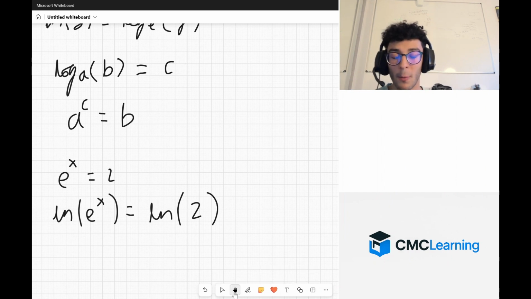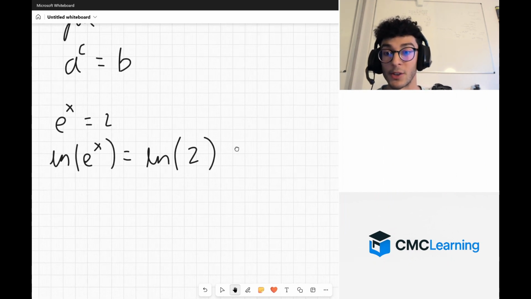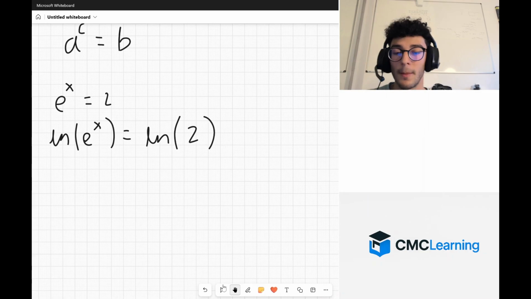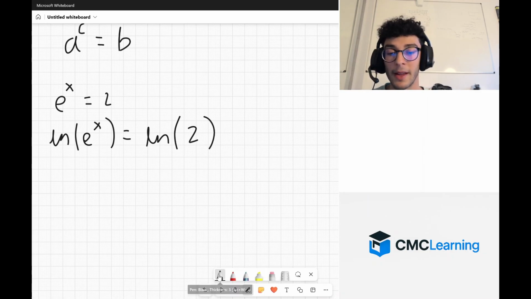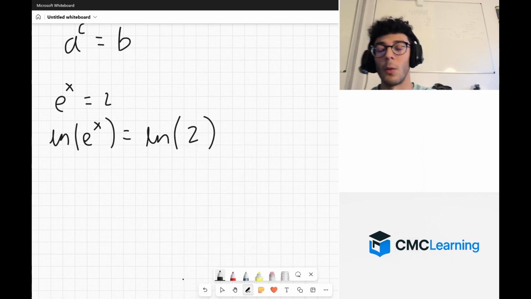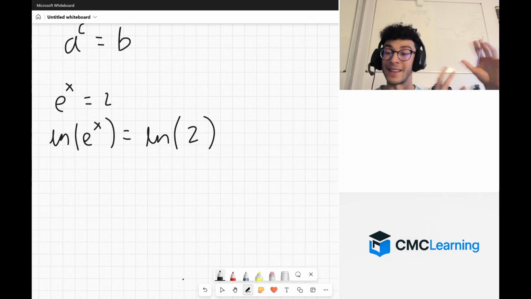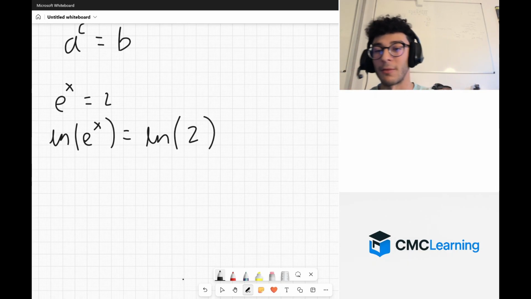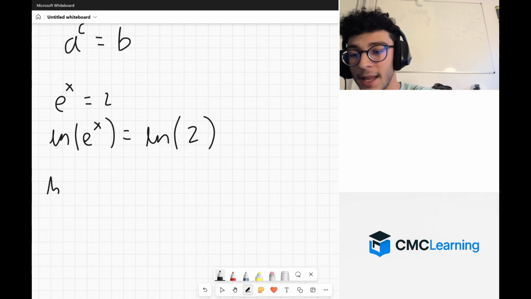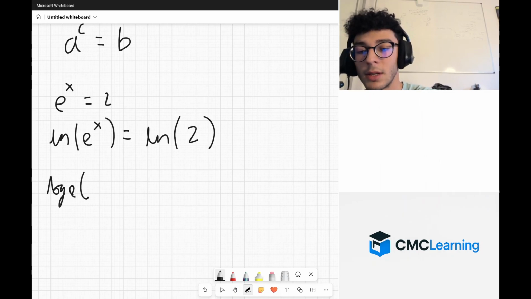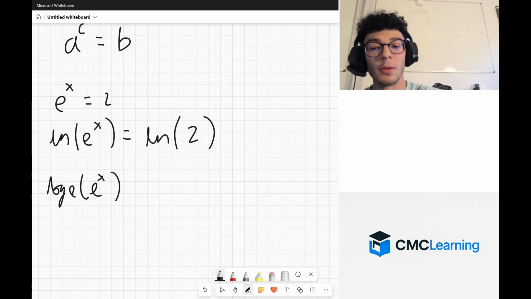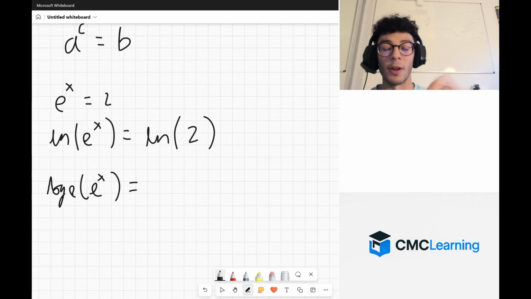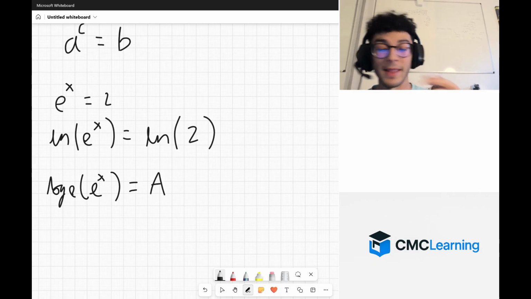And one of those tricks that we were mentioning before: if we want to figure out what the natural logarithm of e to the x is, if we think more analytically and less just by rules, here we're saying log base e of e to the x is equal to essentially our answer. We can call this capital A. This is what we want.